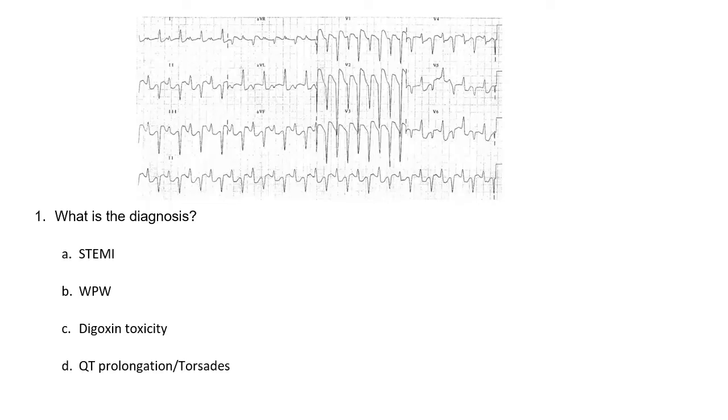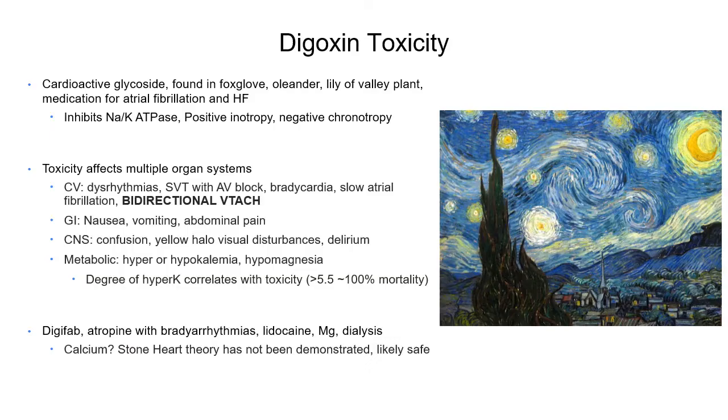What is the diagnosis in a patient like this? Is it a STEMI, Wolff-Parkinson-White, digoxin toxicity? Yes. Okay, and not torsades, right? So yes, this is digoxin toxicity. Very good recognition.